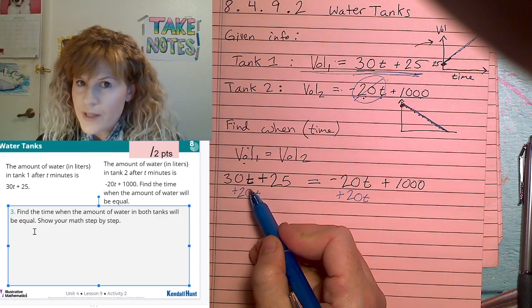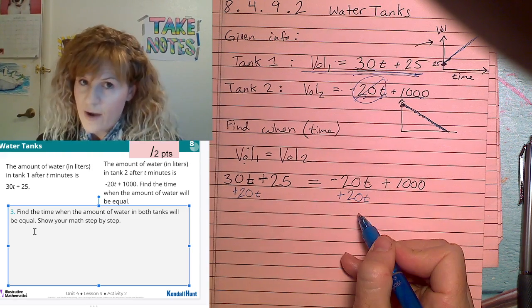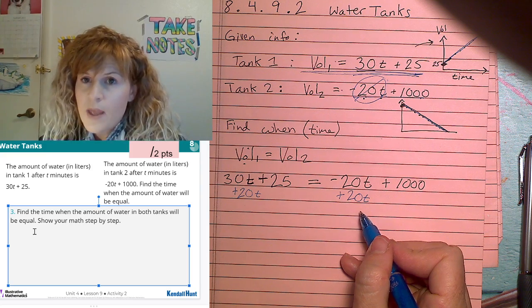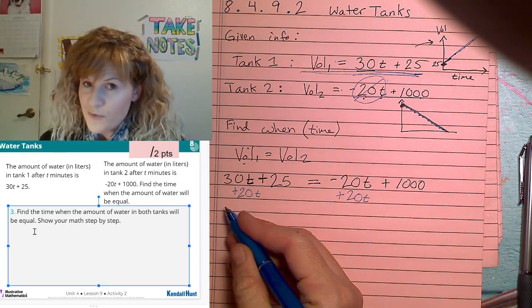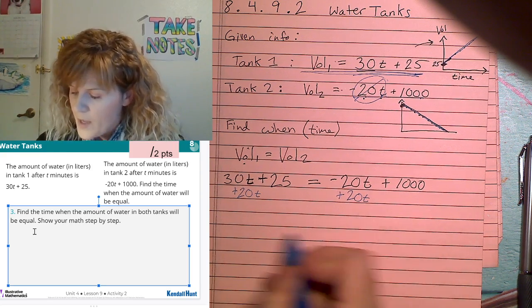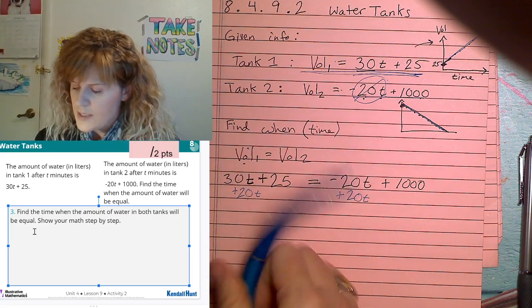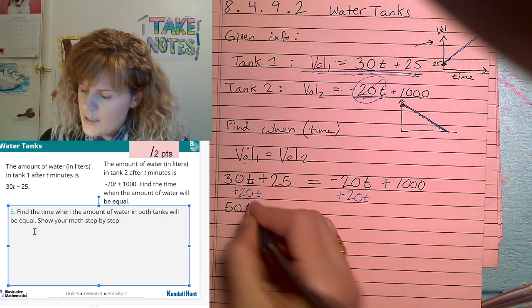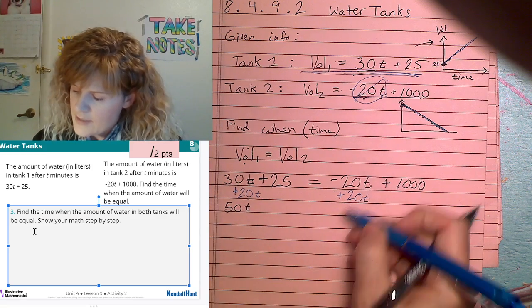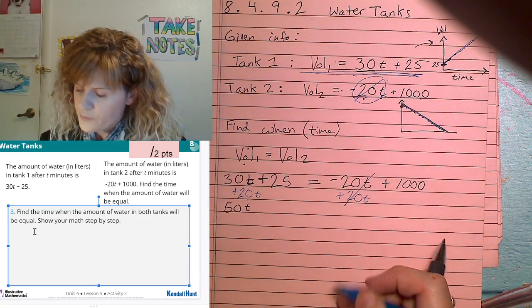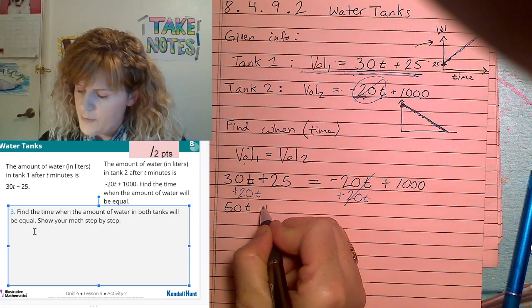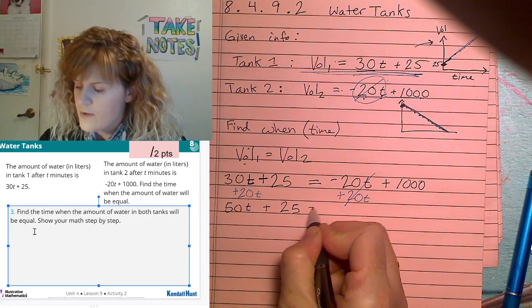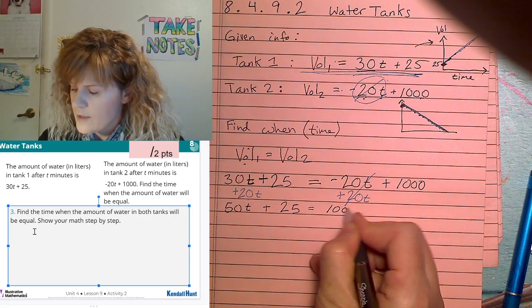I'm not really moving it over though. I'm going to cancel it out from the right side of the equation, and then it looks like it moves over to the left side. Anyway, 30T plus 20T equals 50T. And these T's here cancel out. So now I have 50T plus 25 equals 1,000.